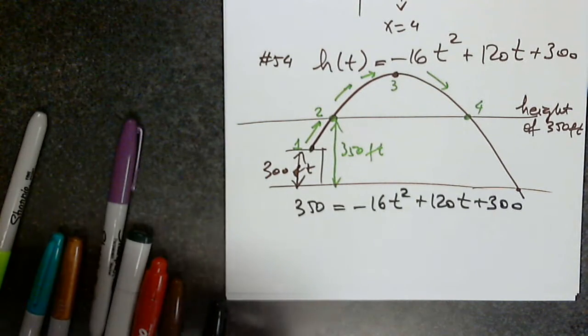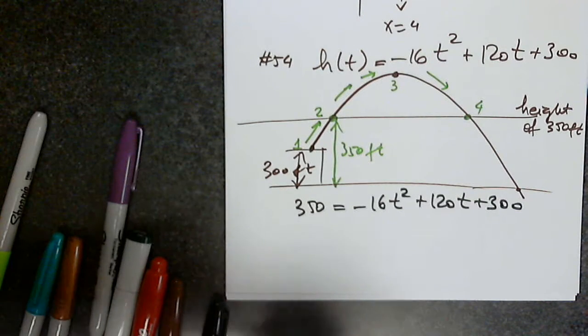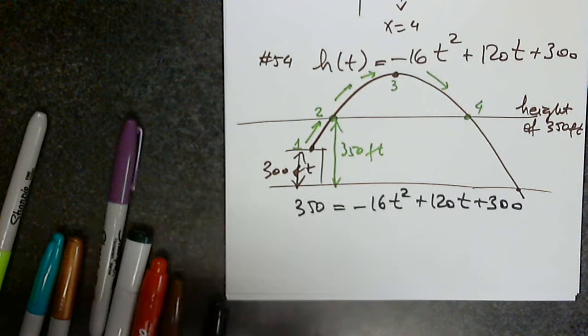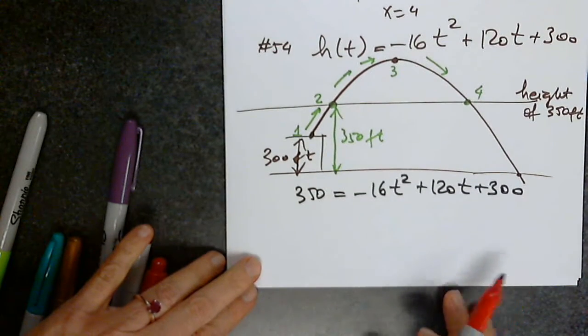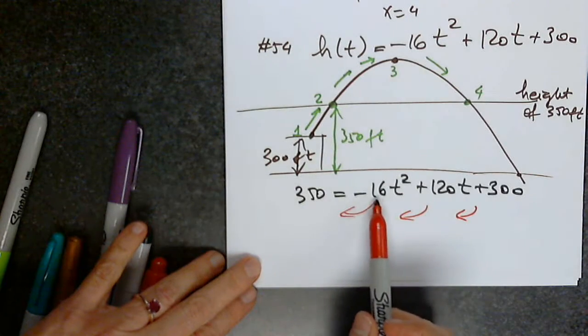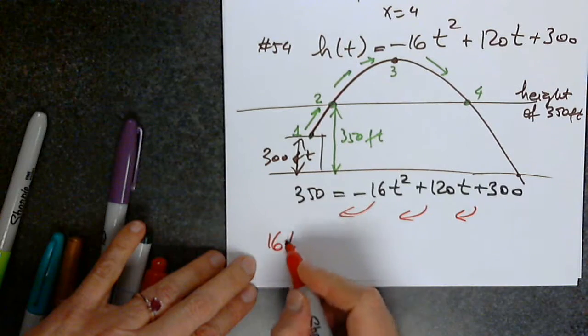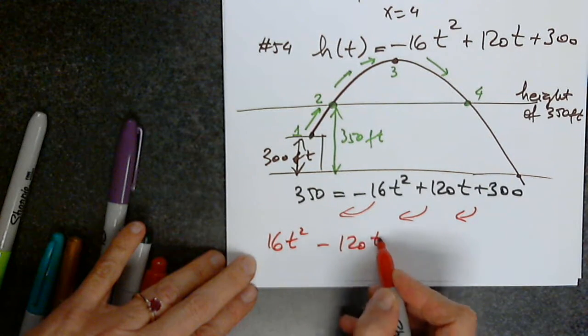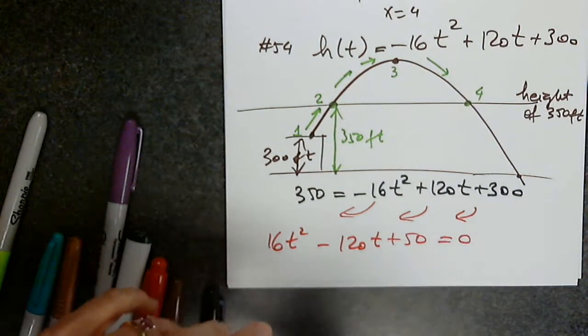Can anyone dictate a step? First thing we should do? I will move everything to the other side. I refuse to solve a quadratic equation with a negative leading coefficient. So I'm going to write 16t squared minus 120t plus 50 equals 0.